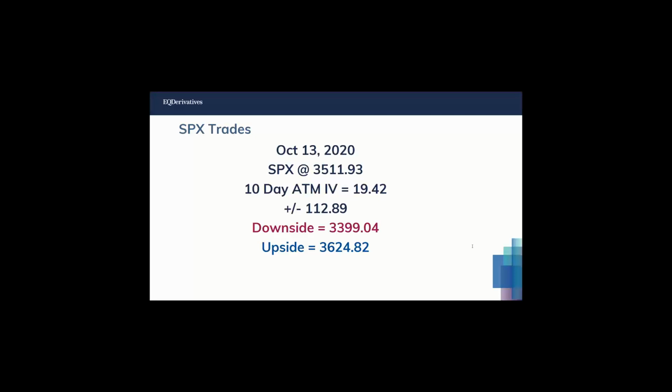For this one, I did square root of 10 divided by square root of 365 and multiplied it by 19.42. That gave me a percentage move. Then I multiplied that percentage by SPX to get that 112.89 number.